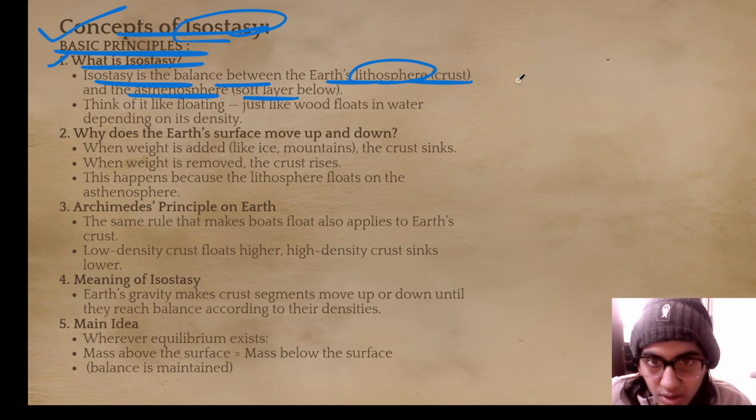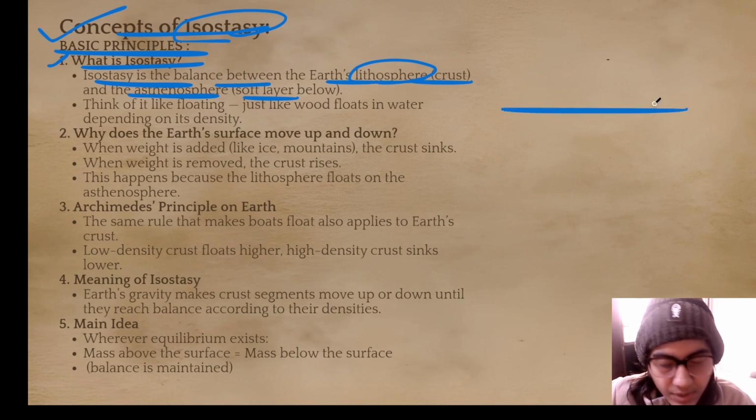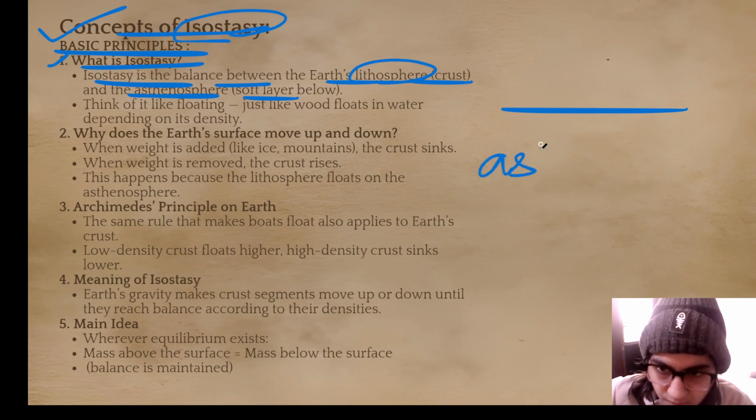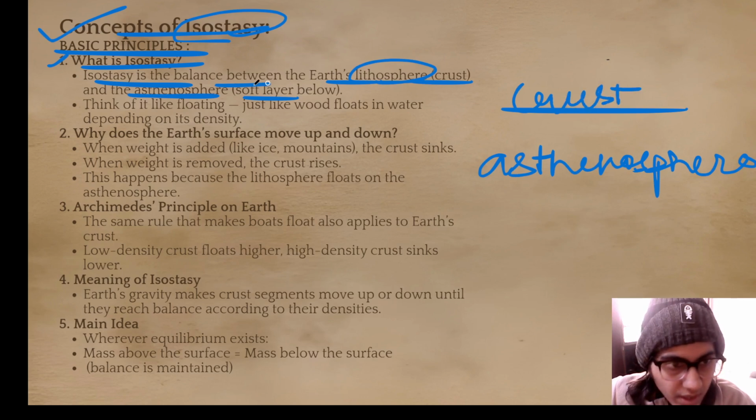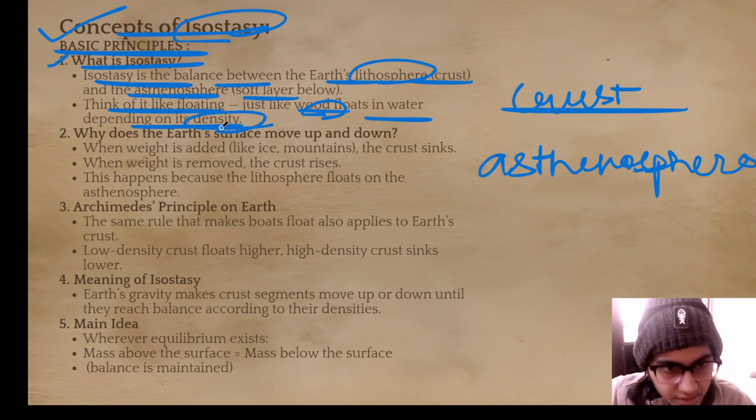The earth's lithosphere contains the crust, the uppermost layer of the earth. Just below is the asthenosphere, and it is a little bit softer and fluid like. Think of it like floating, just like wood floats in water depending on its density.